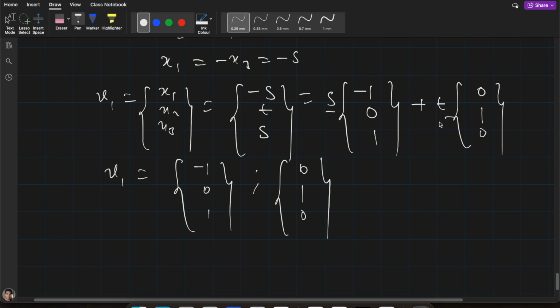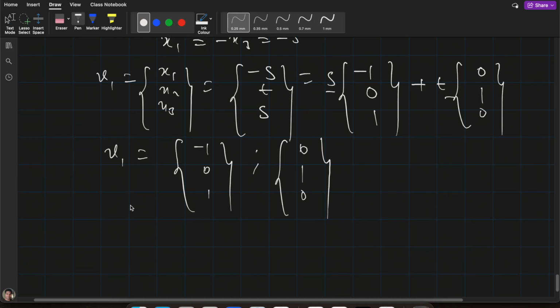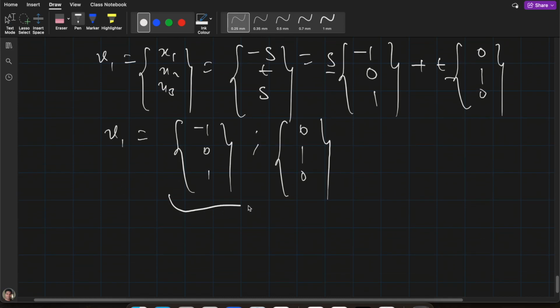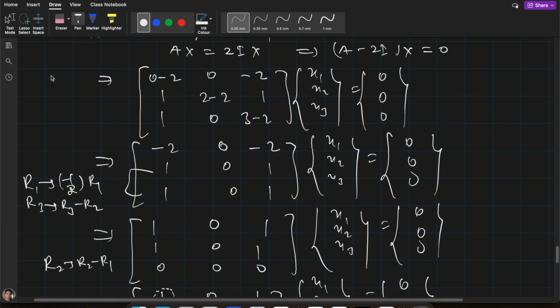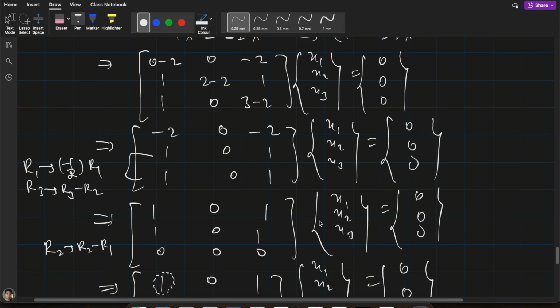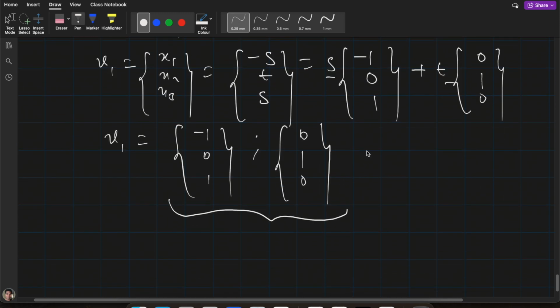Whatever you put for s and t, you will get V1. So the vector V1 is spanned by these two vectors. It's fine. So this is the eigenspace corresponding to the eigenvalue lambda 2, 3 equal to 2. Okay, this eigenspace is what?